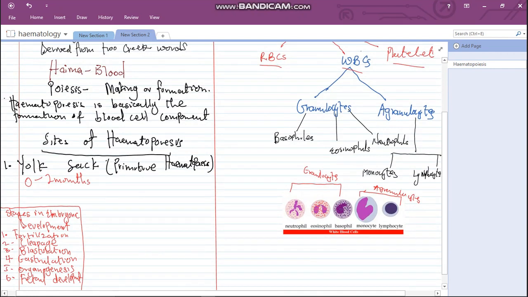So from 0 to 2 months, the primitive site for hematopoiesis is the yolk sac, and specifically we have a place we call the mesoderm of the yolk sac. So that is where hematopoiesis occurs in a fetus.